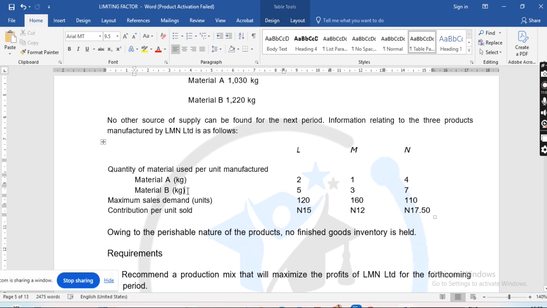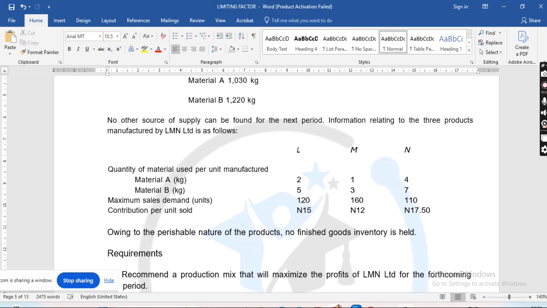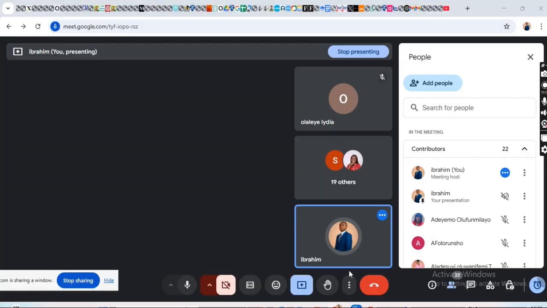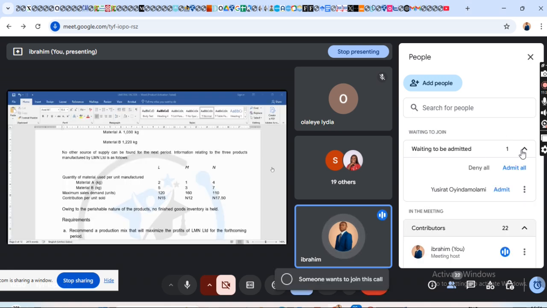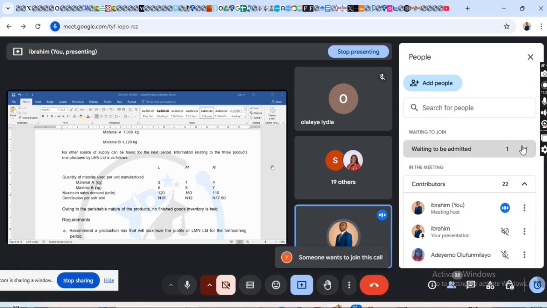In some questions you may be given material and labor. It's for you to check the material and the labor and check which one of these two has a limiting factor, right? And that is what we will do for today's class.